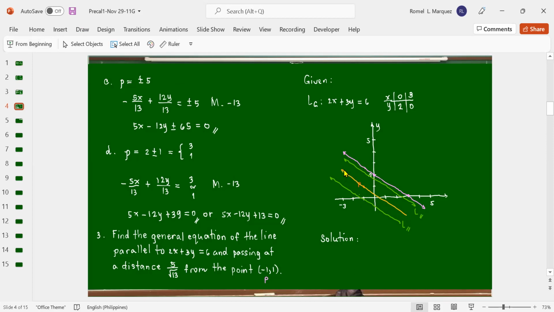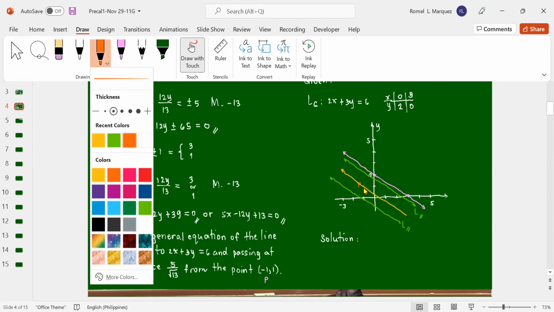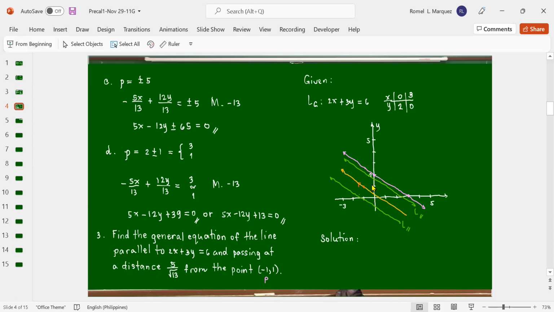So it means this yellow is also parallel to the required lines. Get it, guys? How far is the green lines from the point? It's 5 over square root of 13. And this one is also 5 over square root of 13, right?